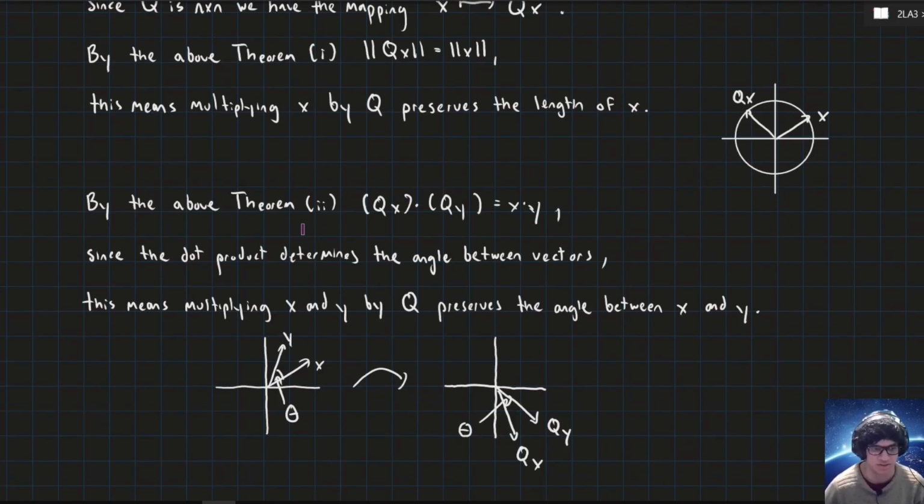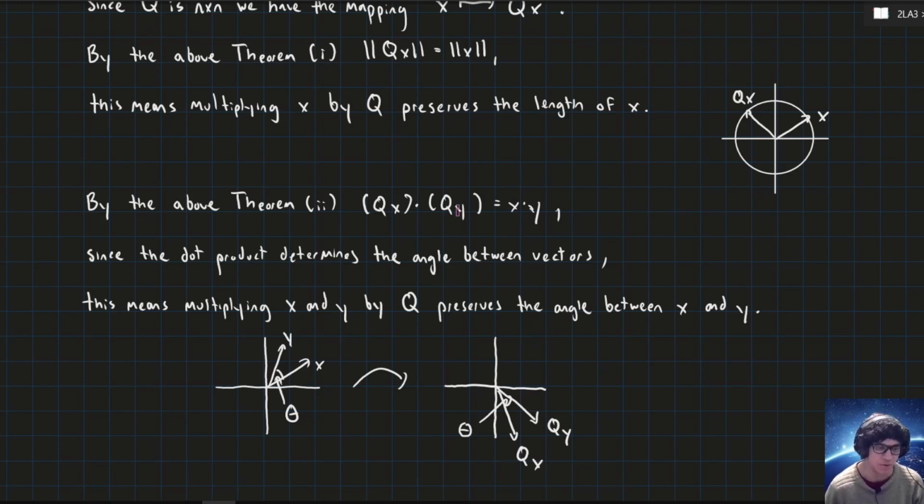What does the second part of that theorem imply? If Q is orthogonal, then this holds for all x and y in Rn. The dot product between x and y determines the angle between x and y. There's a formula that relates the cosine of the angle between these two to the dot product.